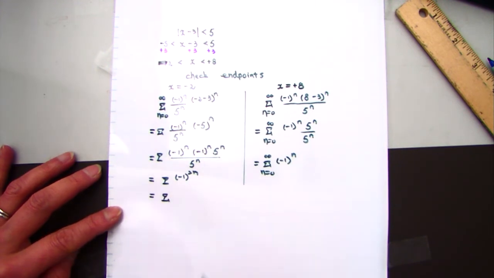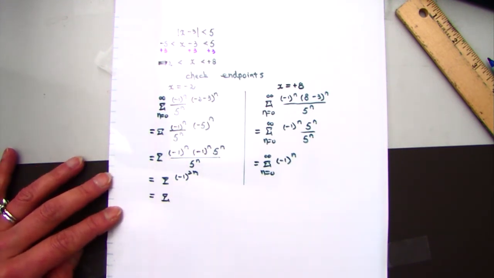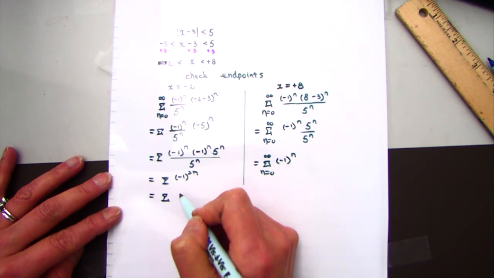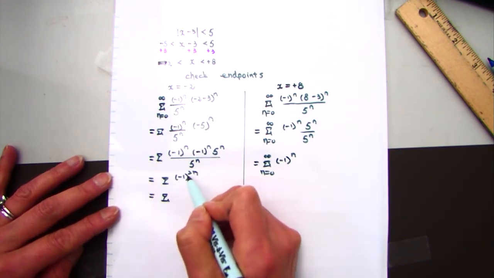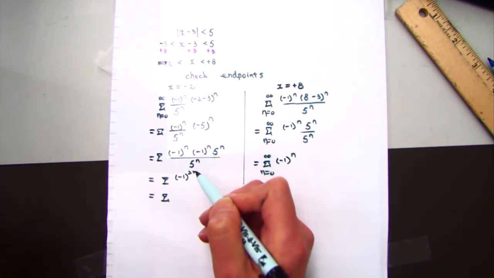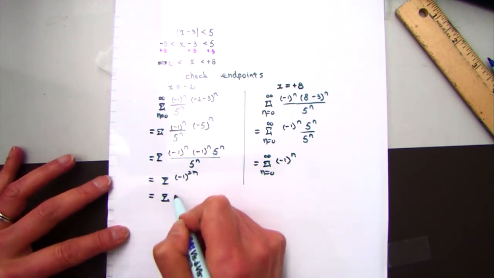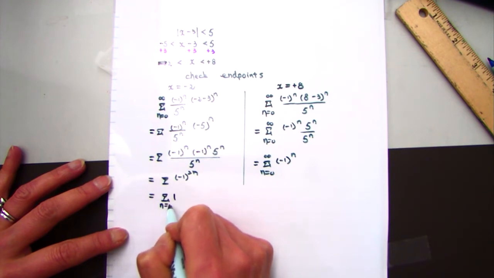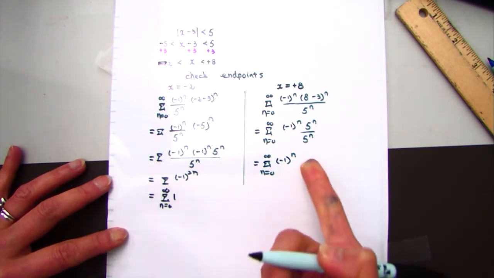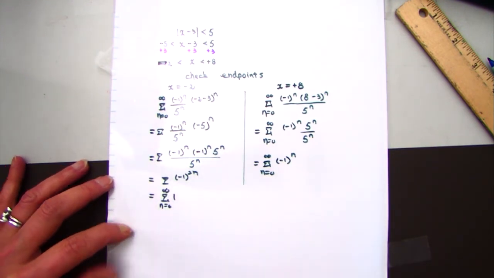What is negative 1 to the 2n? Negative 1 to an even exponent: negative 1 to the 0, negative 1 squared, is just a regular 1. Now let me add the index back in. And that one already had the index on.